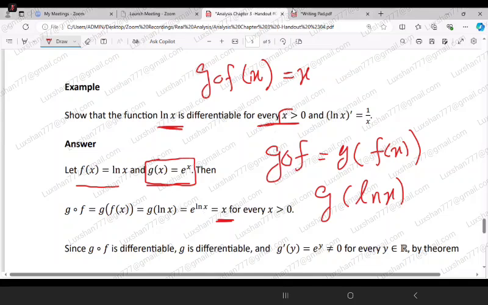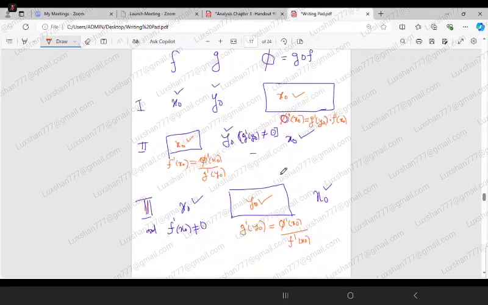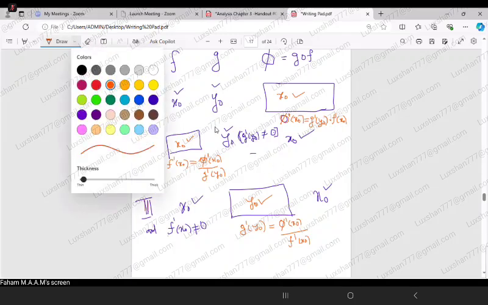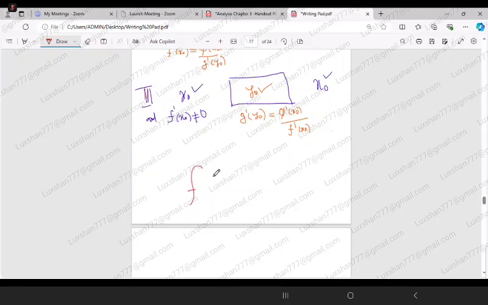Now we have chosen two functions. We want to prove f(x) is differentiable, because I have taken f(x) as the given function ln x.